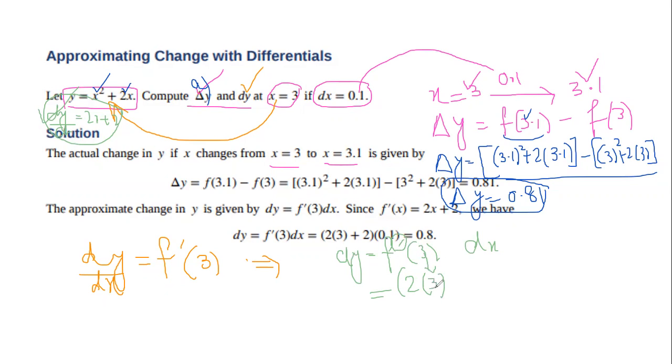So put here 3, plus 2, with dx. dx given is 0.1. So it will be 2 times 3 is 6 plus 2, into 0.1. So it will be 8 multiplied by 0.1. So my answer will be 0.8 approximately. This is the delta y and this is the dy.